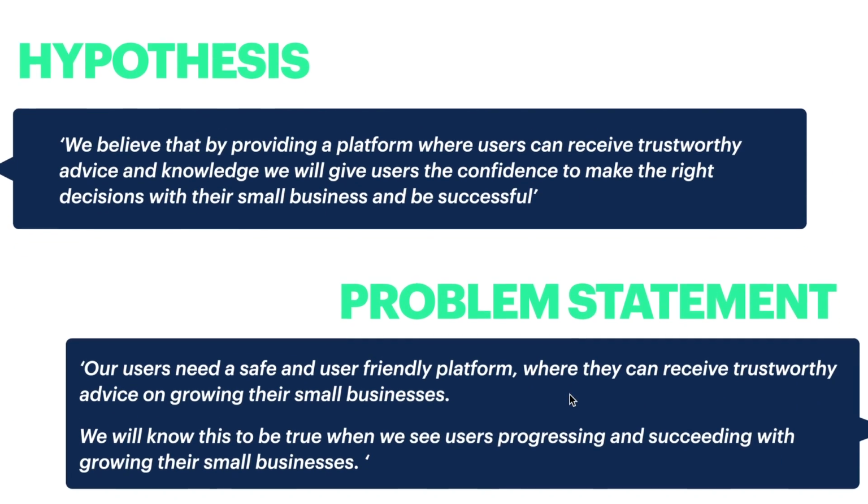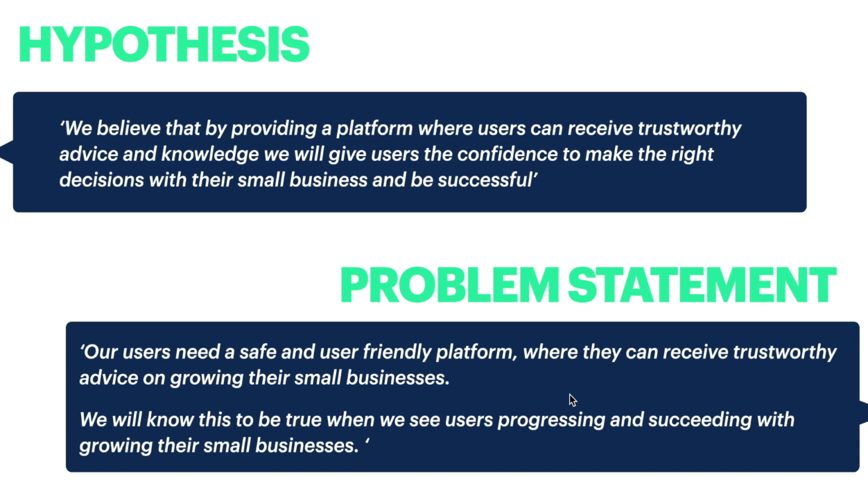Then when we go down to hypothesis and problem statement, these needed their own page. I feel that they are so important in the project, and they were always at the forefront of my mind when designing or making any decisions. So the hypothesis is we believe that by providing a platform where users can receive trustworthy advice and knowledge, we will give users the confidence to make the right decisions with their small businesses and be successful.